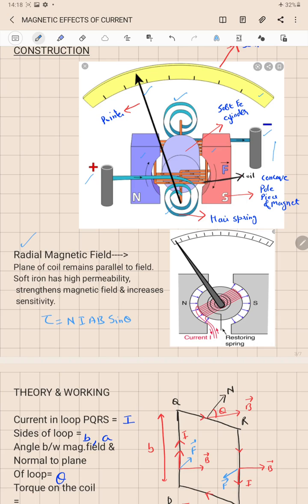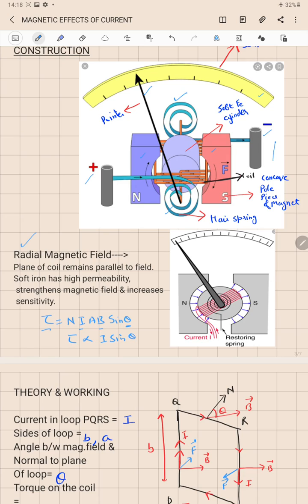So if this coil rotates in the pole pieces of the bar magnet, in the concave pole pieces of the magnet, then due to rotation, if the angle theta between the current and the direction of the magnetic field changes, then the torque acting on the coil will also undergo a change. So if bar magnets used are having flat ends, in that case, the torque acting on the coil will be directly proportional to I sin theta.